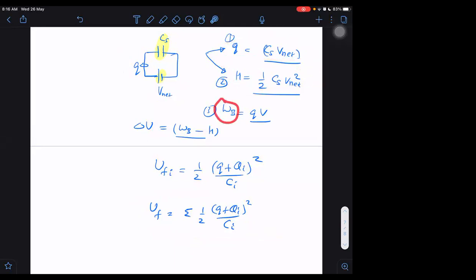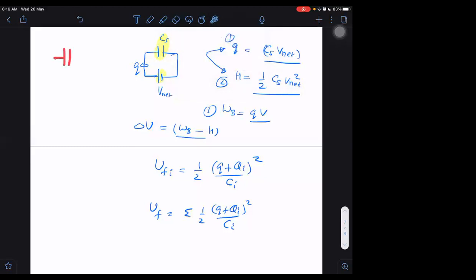And to find work done by the battery, this equivalent network will be okay, but don't forget that this V is not the V net here. This V is just V, which is the voltage of the battery. V net includes the voltage of the battery along with the equivalent battery connected in series, which is actually not existing; we just connected it to make the equivalent network of a charged capacitor.